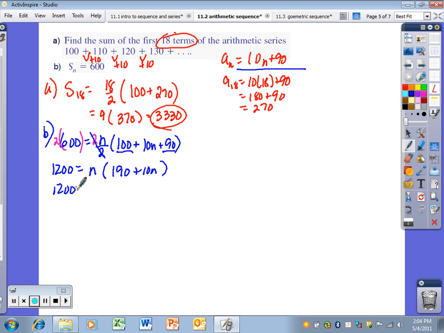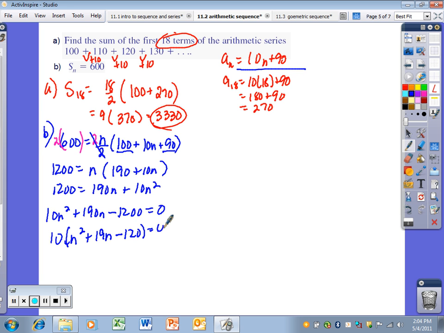That's 1200 equals 190n plus 10n squared. I'm going to move the 1200 over here. So I have 10n squared plus 190n minus 1200 equals 0. There's a 10 in them all. n squared plus 19n minus 120 equals 0.